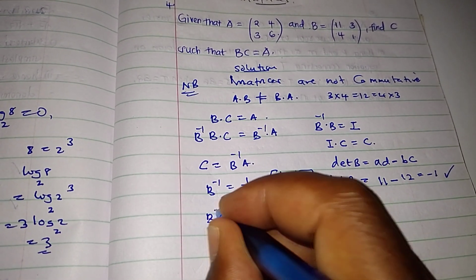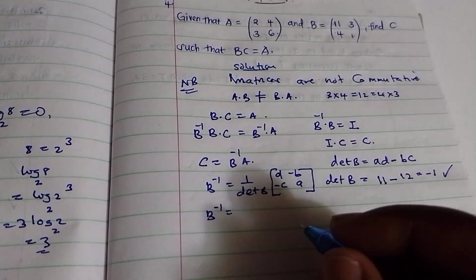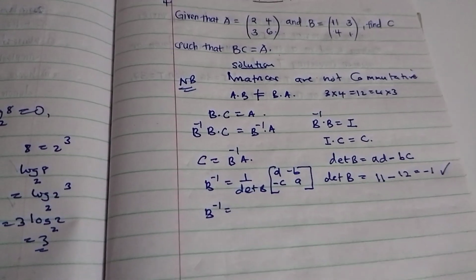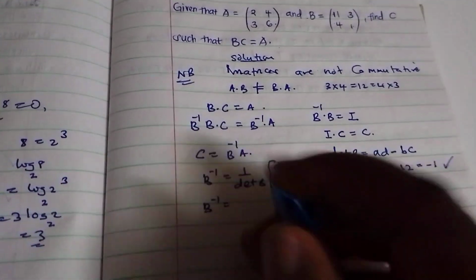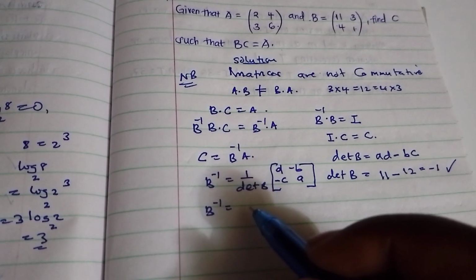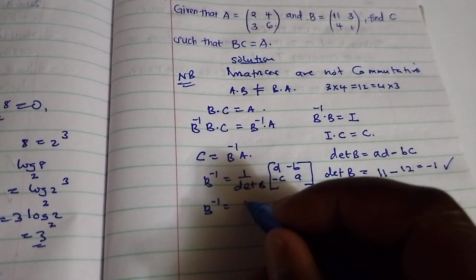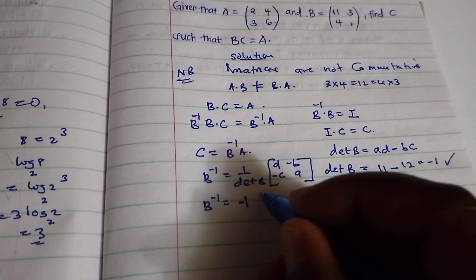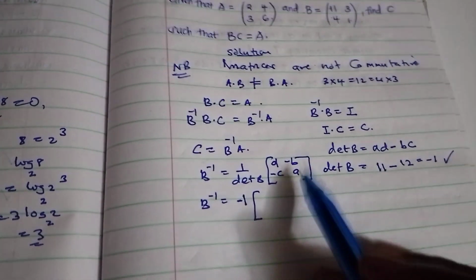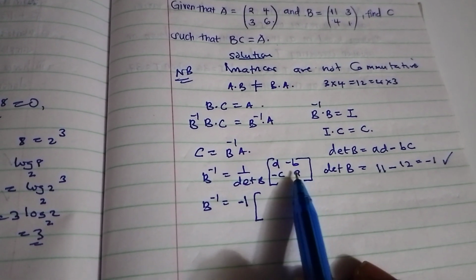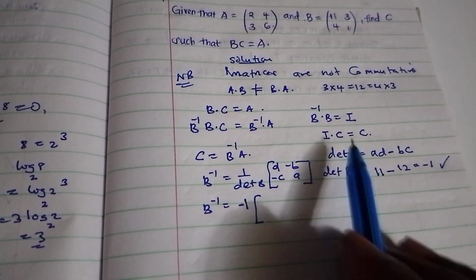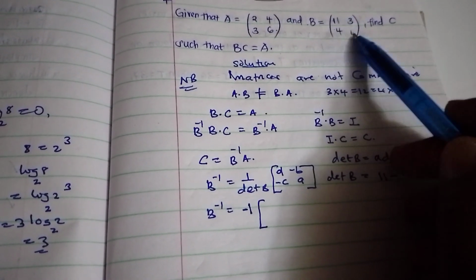Now let's get the inverse. So B inverse is going to be equal to 1 over negative 1, that's just negative 1, then we change this one to come here, this one to come here.